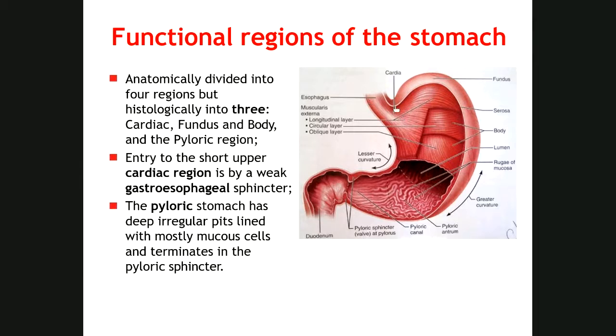So the fundus, the cardia, the body, the lesser curvature, the greater curvature, then the lower part, which is slightly horizontal, the beginning of it is known as the antrum, the pyloric antrum, followed by the pyloric canal and pyloric sphincter. So this is another sphincter.